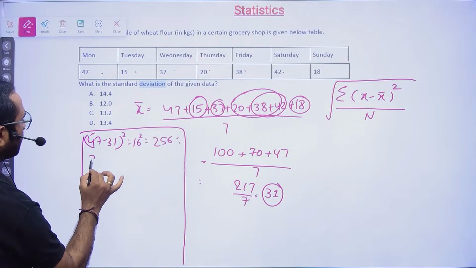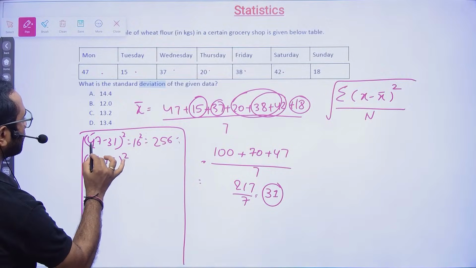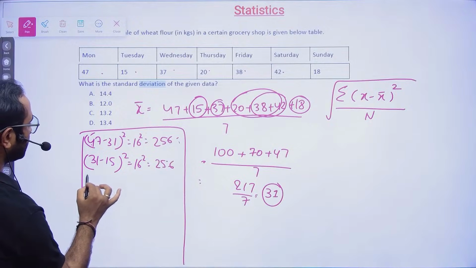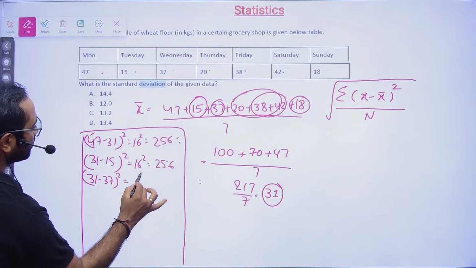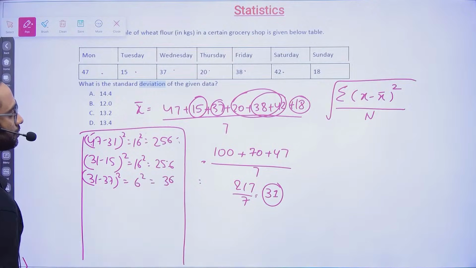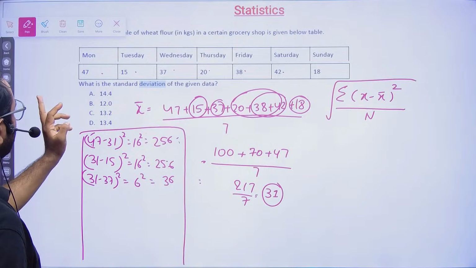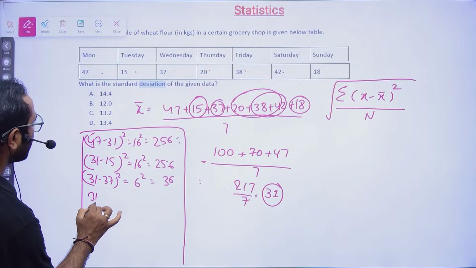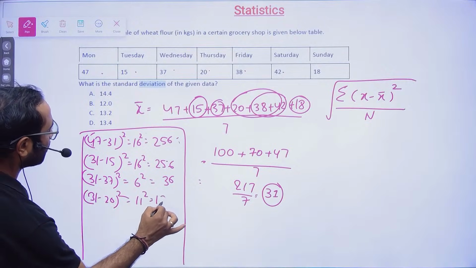Next is 31 minus 15 squared, this is again 16 squared, so 256. Then 31 minus 37 squared, tell me the value. 6 squared will be 36. Then 31 minus 20 squared, deviation 11 squared, that is 121.